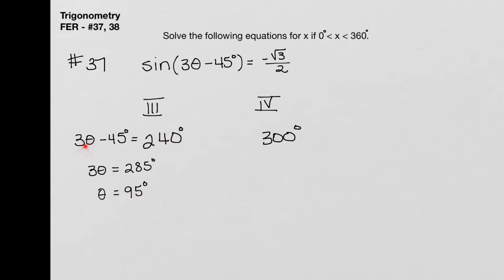I have to find the other solutions, and I do that by taking, off to the side, 360 degrees and dividing it by whatever that coefficient of theta was, and that was a 3. So for this problem, it's 120 degrees that I'm going to add to the answer that I got, and that gives me 215 degrees.